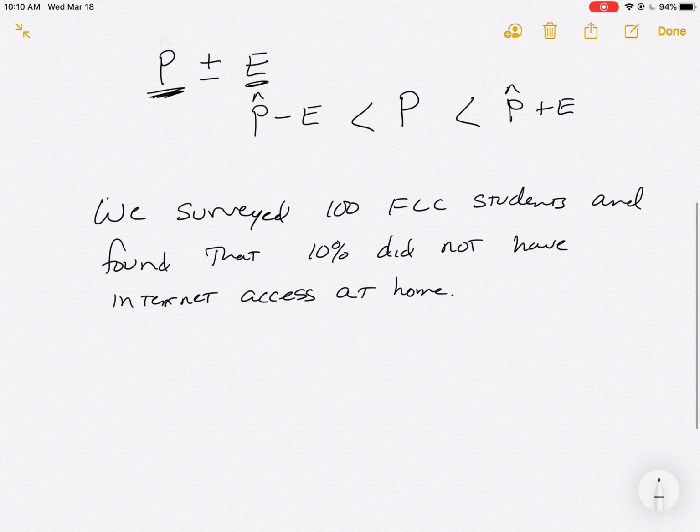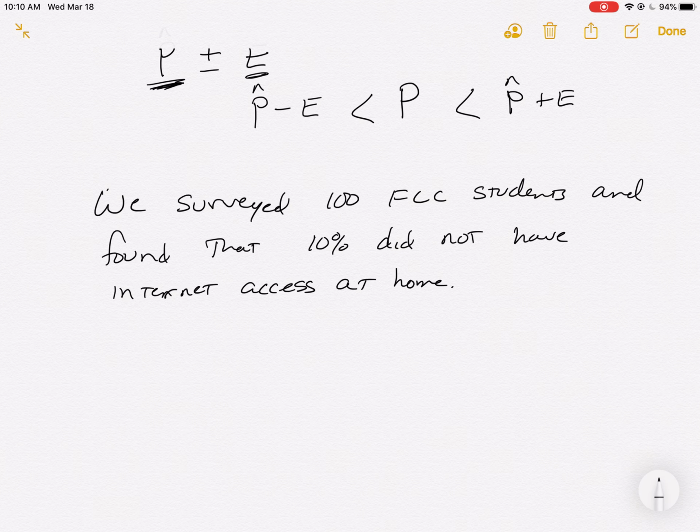So that's what we have. That's some data that we went out and got. And so what I wanted to show you is that we already know our sample percentage. It's 10%. That's what came out of the sample. There's about 9,000 students at FLC, so 100 is definitely a sample.